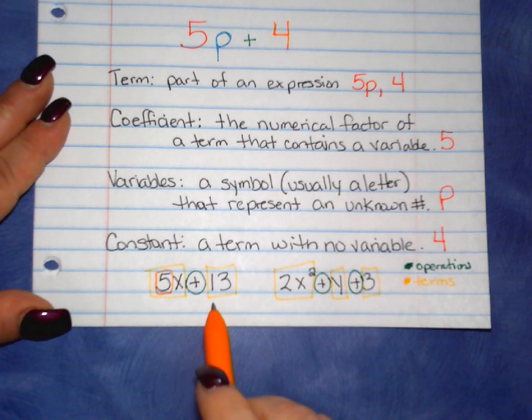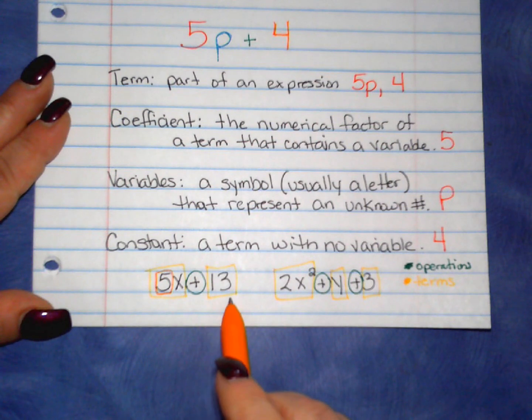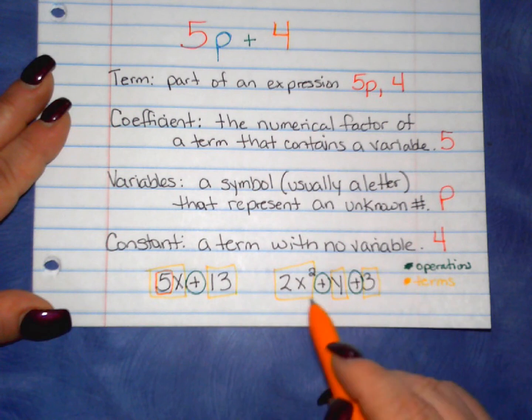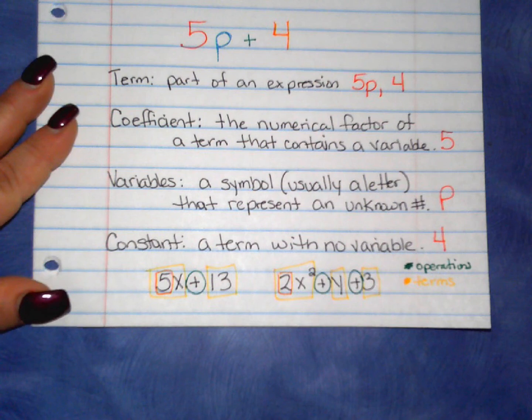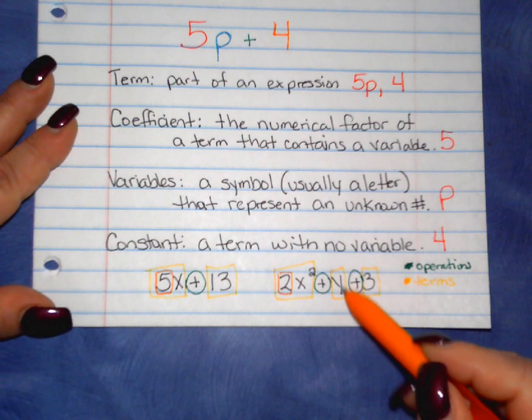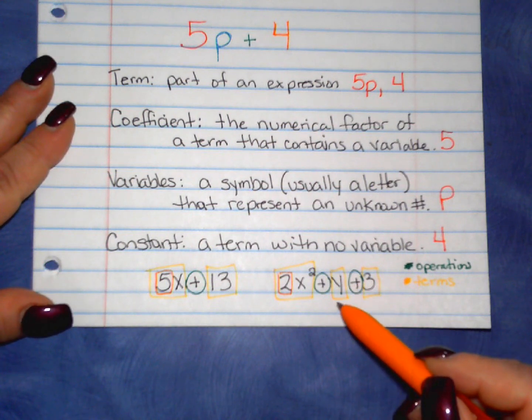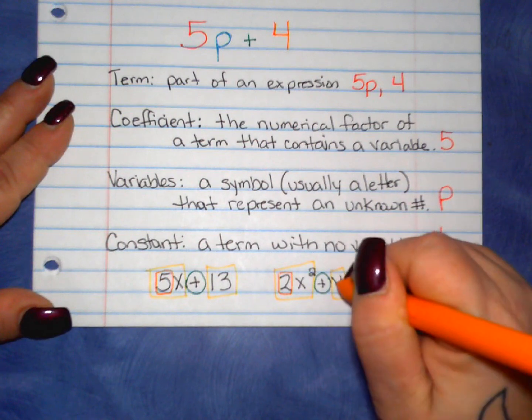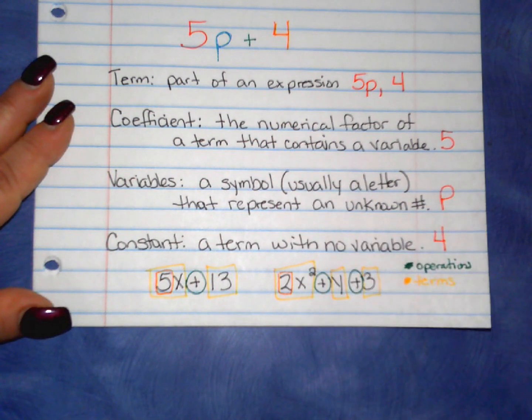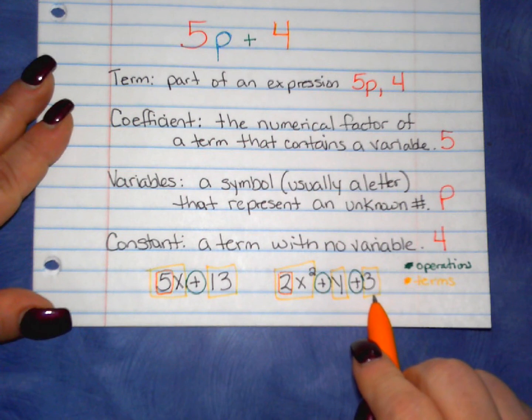And 13 does not have a coefficient because there's no variable. 2x, 2 is my coefficient. Over here, we have a y, and we need to remember that there is actually a 1 in front of it, and 1 would be the coefficient. But since it's not there, I'm not going to square it, okay? And 3 doesn't have a coefficient.